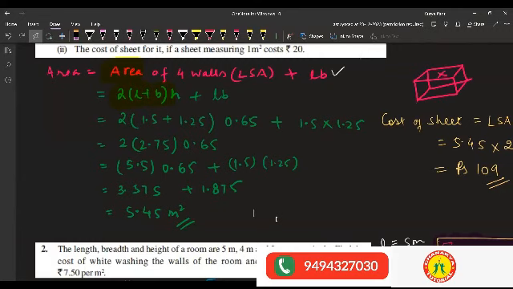It means the top we should cover, so the down part is not there. The floor is excluded. It means the same formula we used before. Either TSA minus LB you do or LSA plus LB. Okay, your wish. Just tell me the answer, how much is coming.